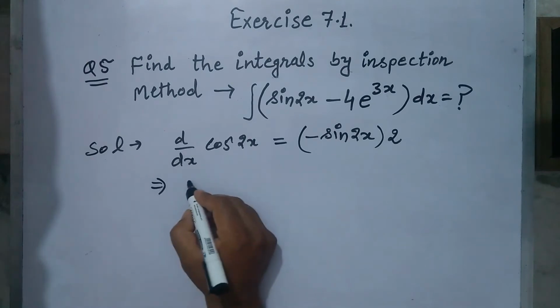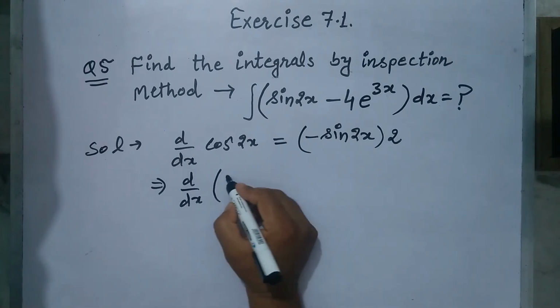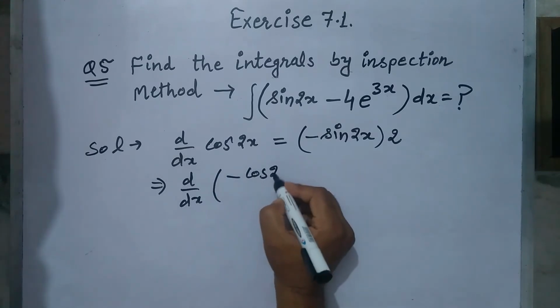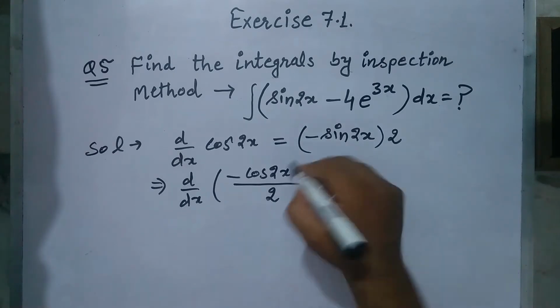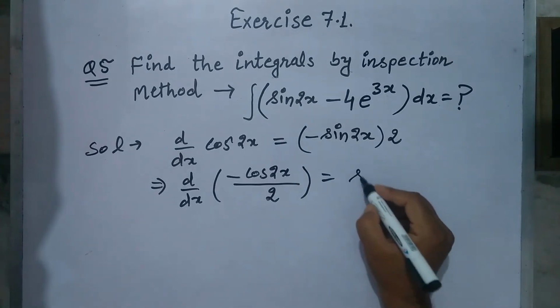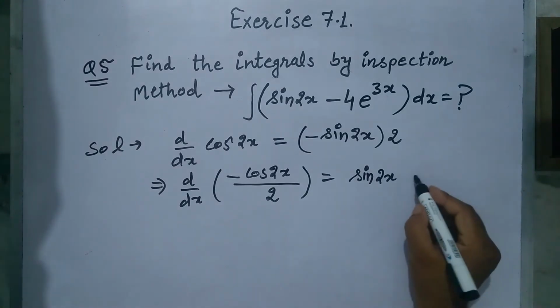That means derivative of minus cos of 2x upon 2 is equal to sin of 2x. This is number 1.